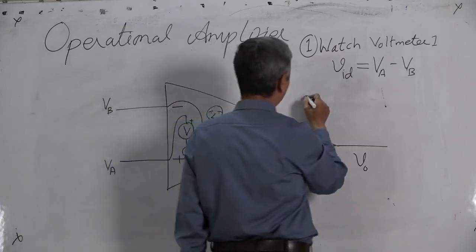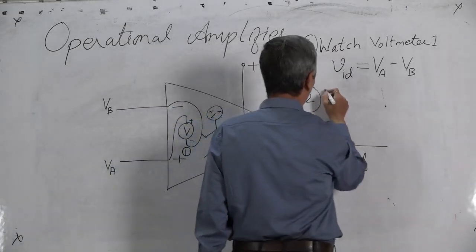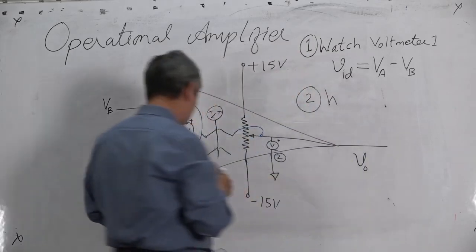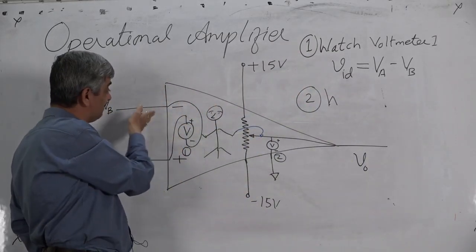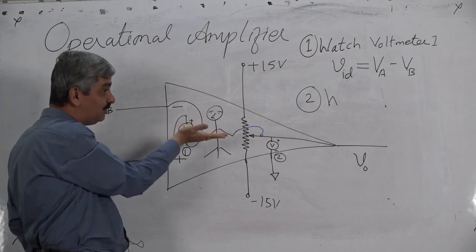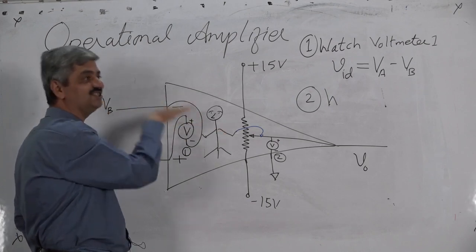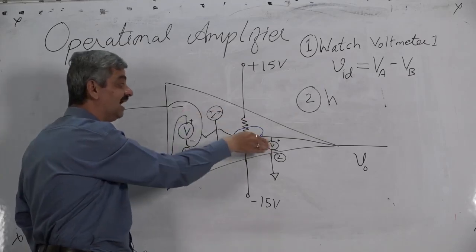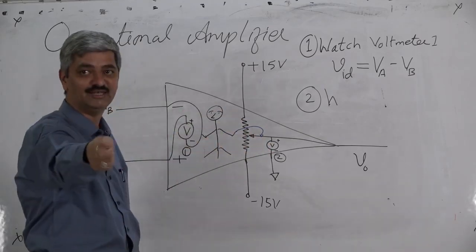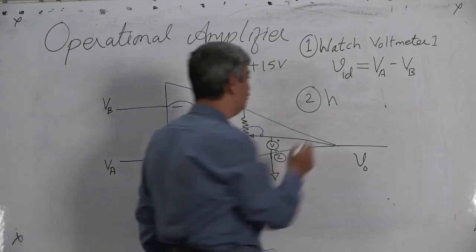Now as regards voltmeter 1, inputs are coming from outside, which are beyond your control. You can just see. Whereas for voltmeter 2, you can see as well as change it by using your hand. So what you do?